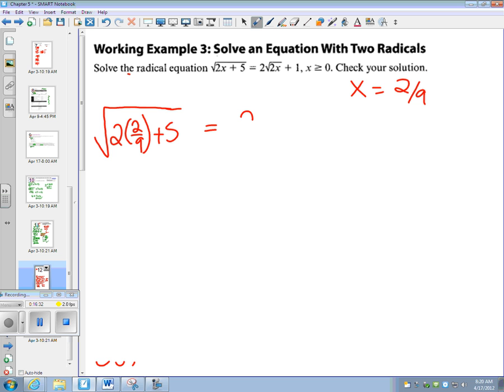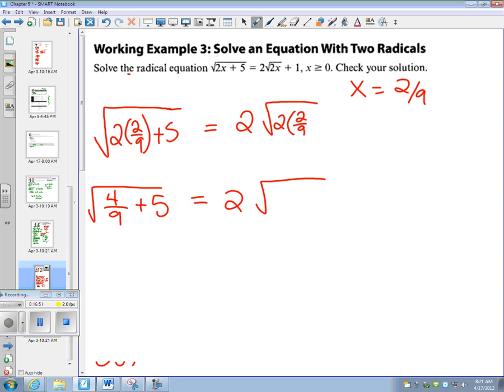Does that equal 2 times the square root of 2 times 2/9? Not even scared. Don't worry about it. Okay, so I get the square root of 4/9 plus 5. Is that equal to 2 times the square root of 4/9?